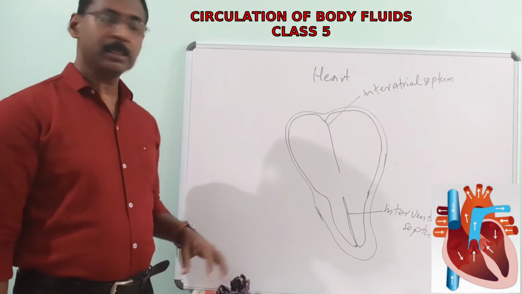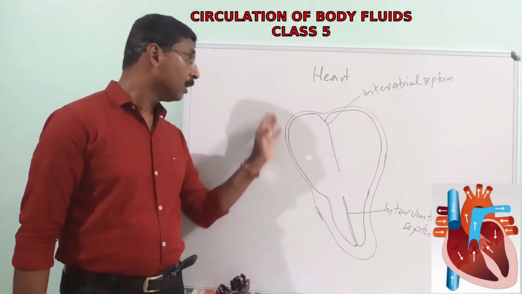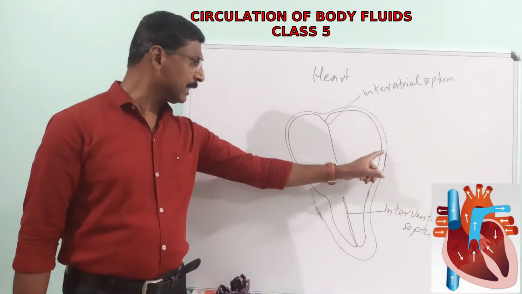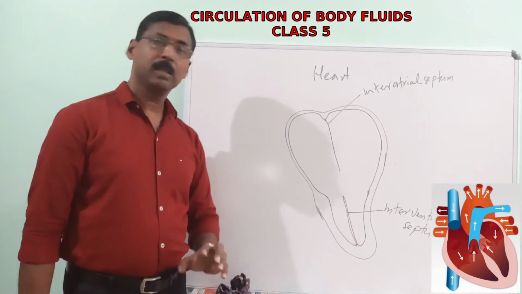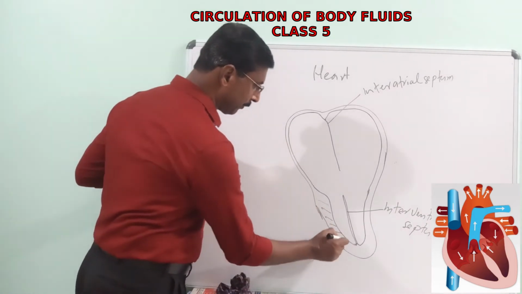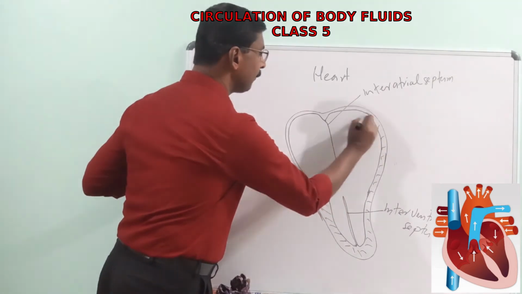See, when you observe the thickness of the wall of the heart, you can see there is a marked difference in thickness between the atria and the ventricles. The wall of the atria is thin compared to the wall of the ventricle. This is the wall, made up of cardiac muscle.